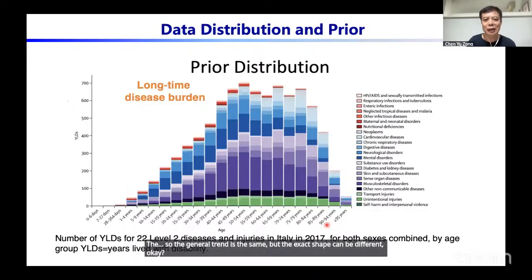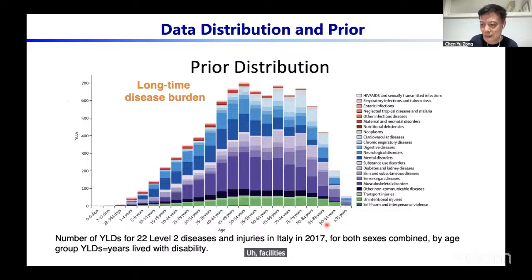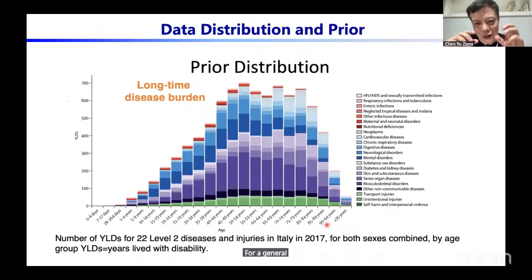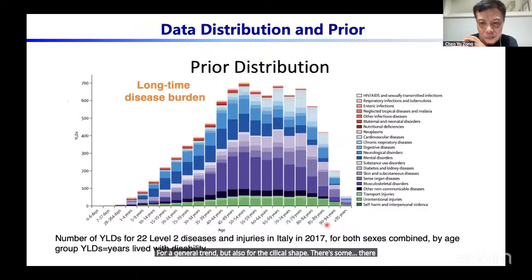Later on we will discuss how we can generate a statistical distribution function not only for a general trend, but also for a specific shape. There's a means to do that.